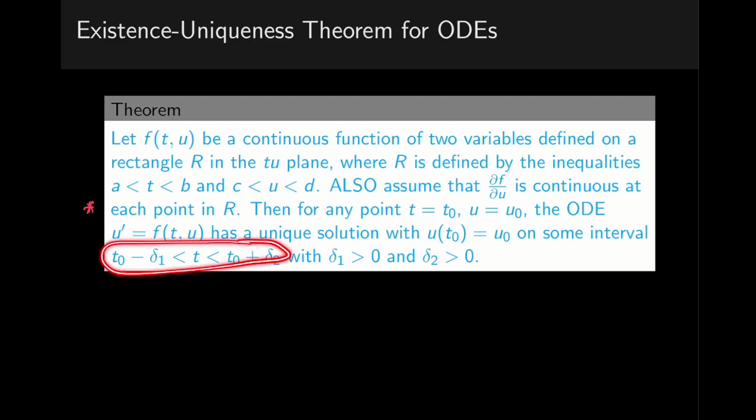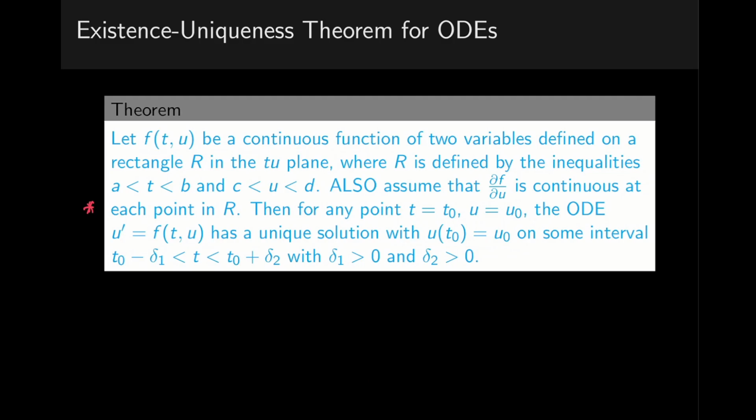What this really means is just, with some window around t naught, t naught plus a little bit, t naught minus a little bit, that we have a unique solution in some window around there.